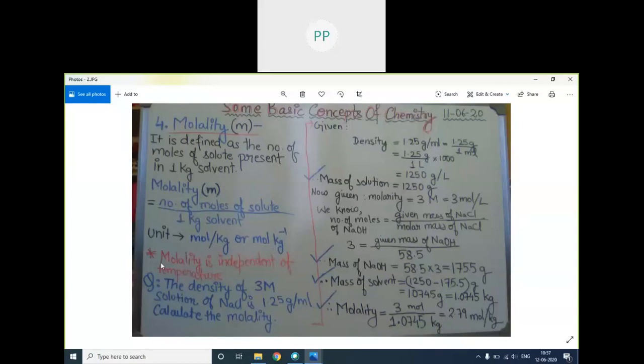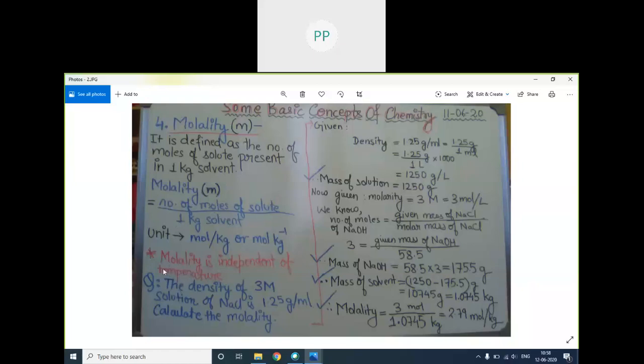The main difference: molarity depends on temperature because we have a volume term in the denominator, and we know volume increases with temperature. So molarity also will change. But what about molality? Molality will remain constant irrespective of the temperature. If we increase or decrease temperature, that will not harm molality.